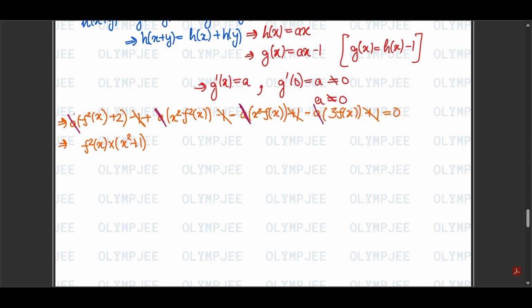I am taking together all the terms containing f²(x), and I will also take all the terms with f(x). So it will give us multiplied by minus x² minus 3, plus 2 is equal to 0. So from here we can use the quadratic formula and find out f(x).